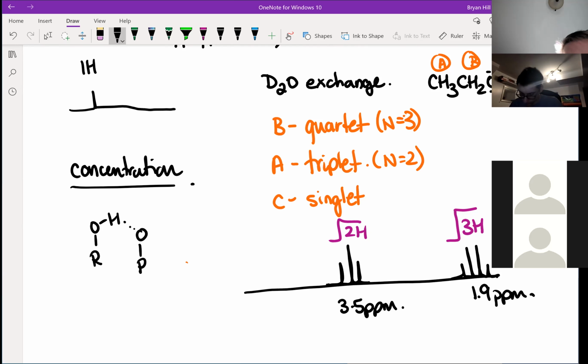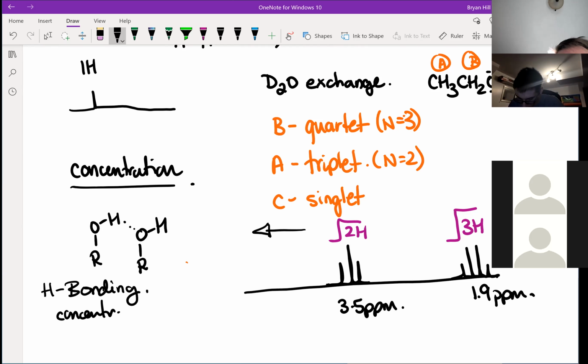And if your sample is really concentrated and you've got lots of hydrogen bonding, it's going to shift the chemical shift to higher ppm. So if it's concentrated, it'll shift to higher ppm.